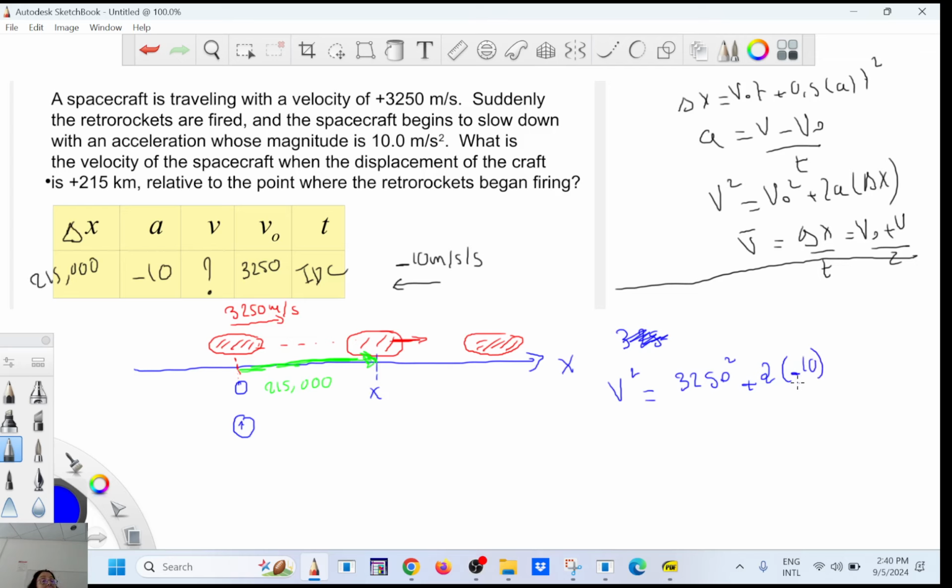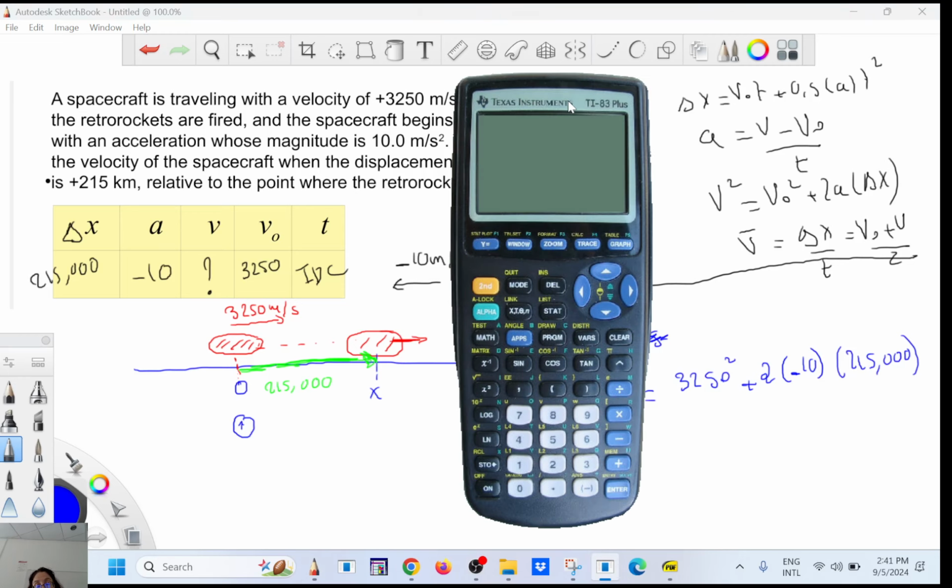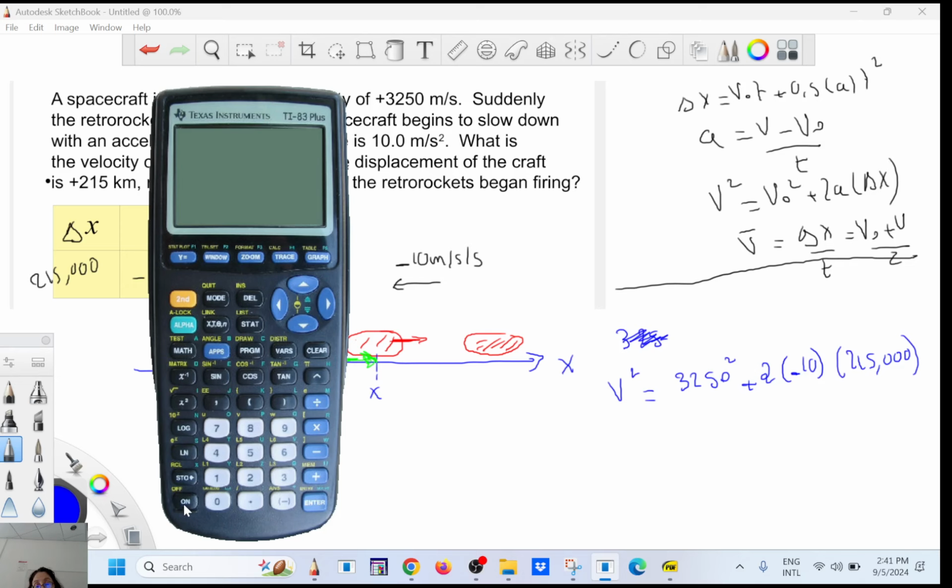Here you have to be very careful to have a -10, because if you don't have your -10, you're going to add instead of subtracting. Displacement 215123. Okay, go. Algebra. Okay? With your TI.